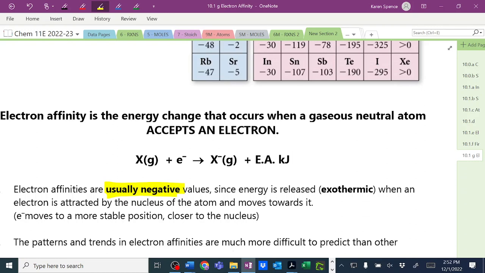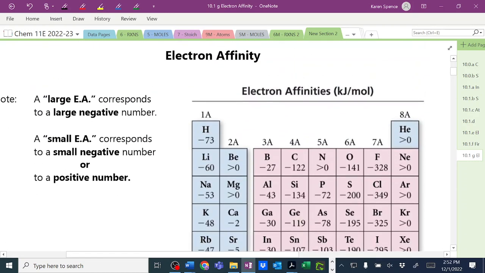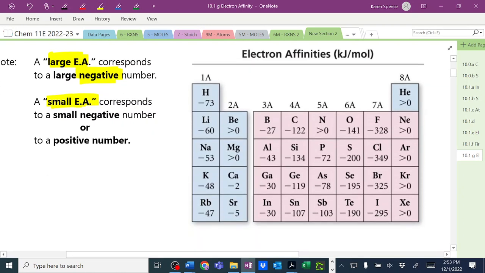Yes? So when we say we have a large electron affinity, that means we have a large negative number, okay? When we say we have a small EA, that means either we have a small negative number or a positive number. Yes?